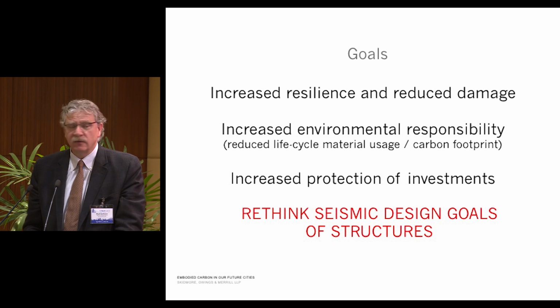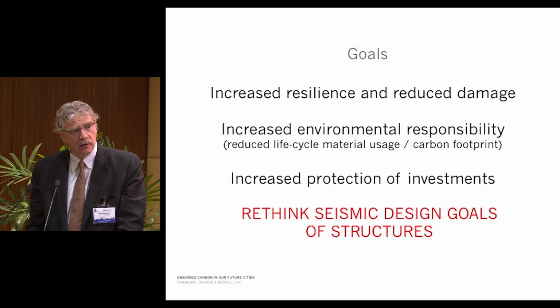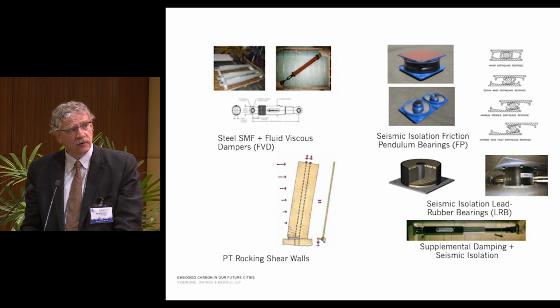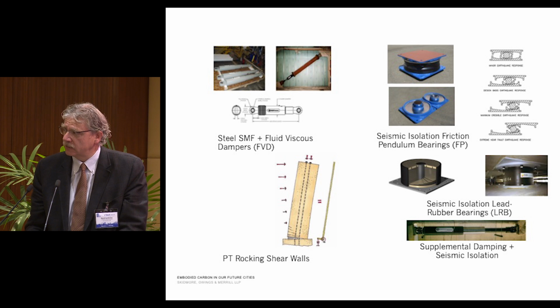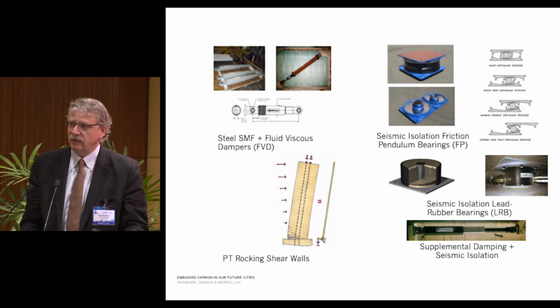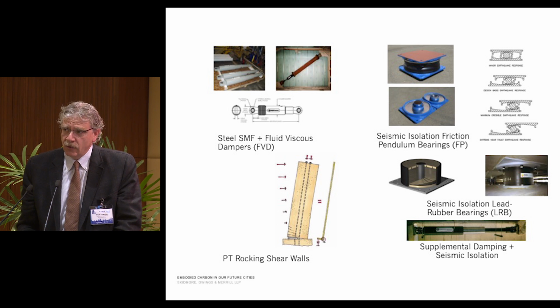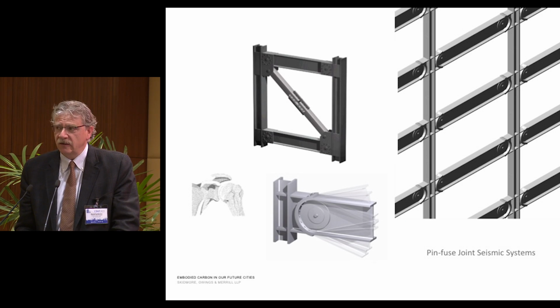I think that we need to rethink and take our ideas beyond where we are currently and introduce ideas that are far more sophisticated. And a lot of this stuff is happening, okay? But we need to use techniques like this environmental consideration to promote and support these more advanced ideas. It could be seismic isolation.